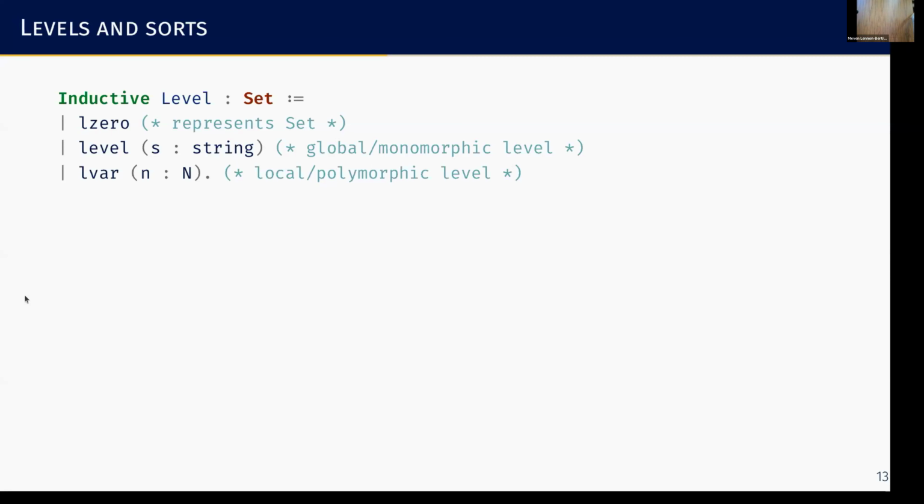Then you have global levels, which are common to all the definitions and identified by a string. And then you have local levels for the newer universe polymorphic thing, in a de Bruijn fashion, local to the definition. Once you finish a definition, these are abstracted away, and these are the things you're going to need to instantiate with an instance later on, whenever you want to use that definition.